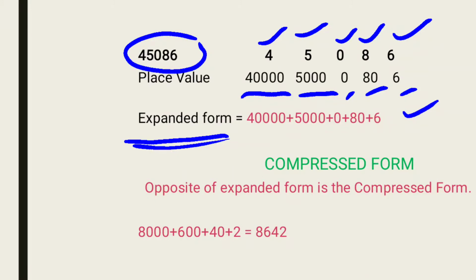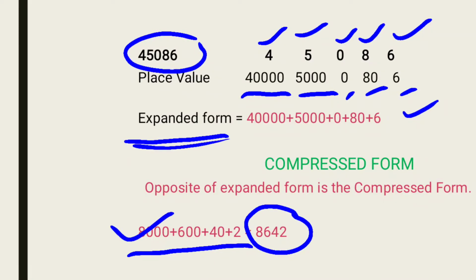So there is an example in expanded form as 8000 plus 600 plus 40 plus 2, and by adding them we get 8642. So this is the expanded form, and by adding them we are getting the compressed form. So it is just the opposite of expanded form. So the expanded form and the compressed form are vice versa.